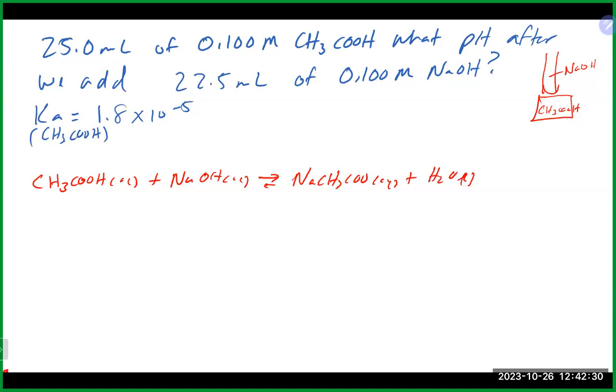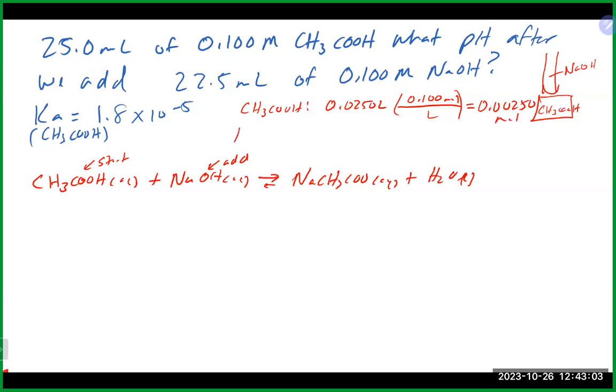Once again, since we are starting with this one and adding this one, we do need to convert to moles. For our acetic acid, we convert our milliliters into liters. So 0.0250 liters times the molarity of our acetic acid, 0.1 moles per liter, gives us 0.00250 moles.